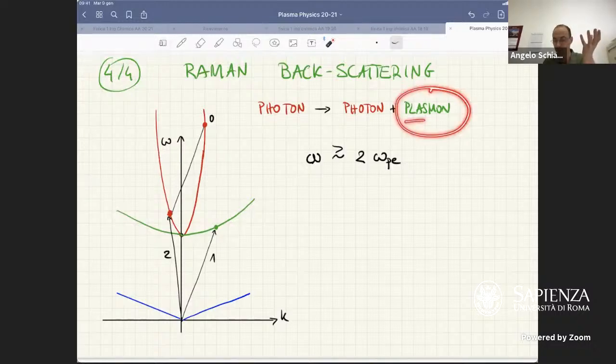So this is the effective coupling to the plasma, the energy carried towards the denser part of the plasma in terms of a plasma, so an electron.